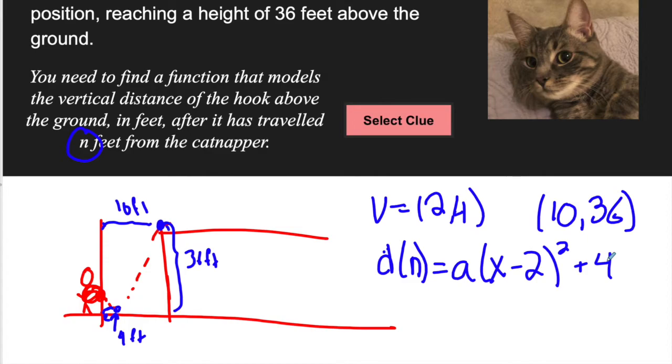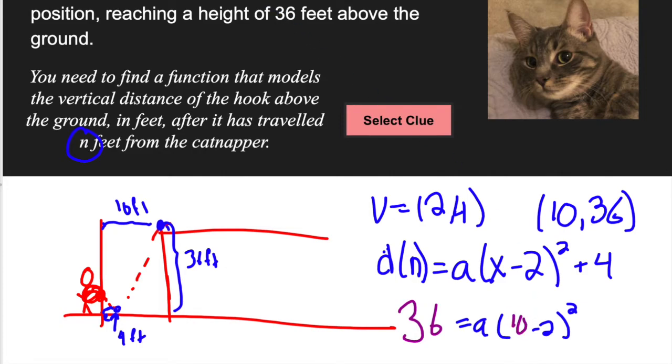And now what we're going to do is we're going to try to solve for A. So what point do we plug in here, folks? We're going to plug in for d of n, 36. And for x, we're going to plug in 10.